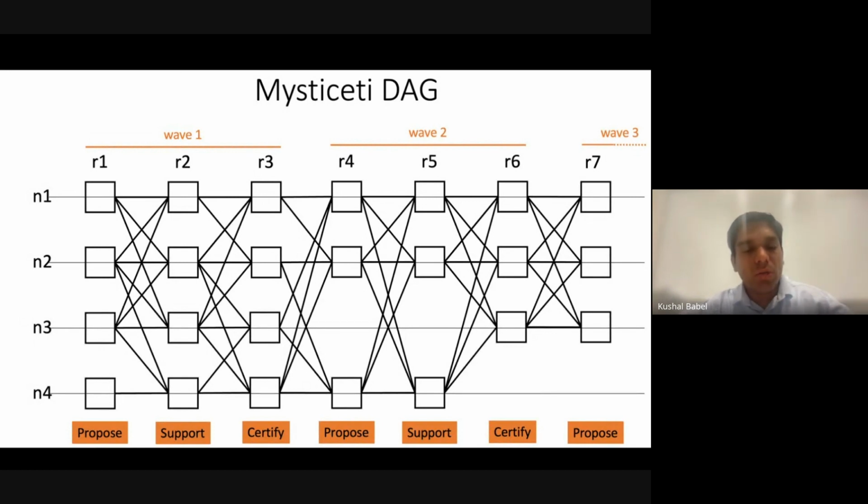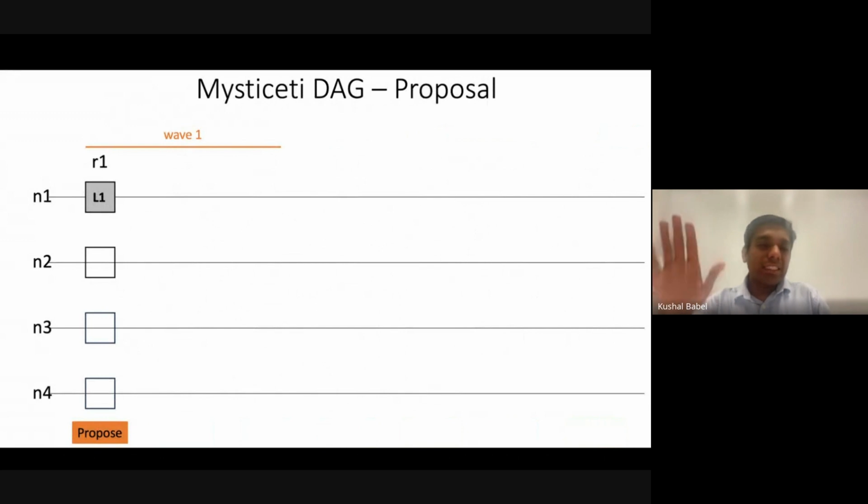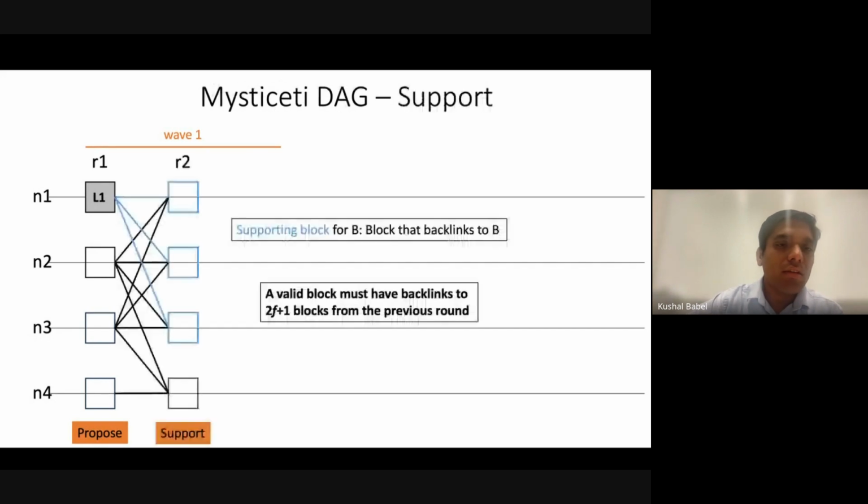Now, what I want to do is introduce the consensus protocol by building this DAG bit by bit. So let's consider the first round, which is the propose round. In this round, you have, suppose, a leader, which is N1 in this case. The leader proposes the L1 block in the first round, right?